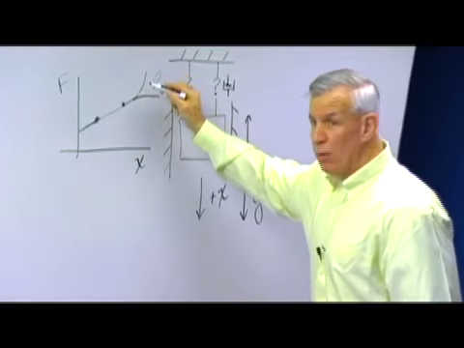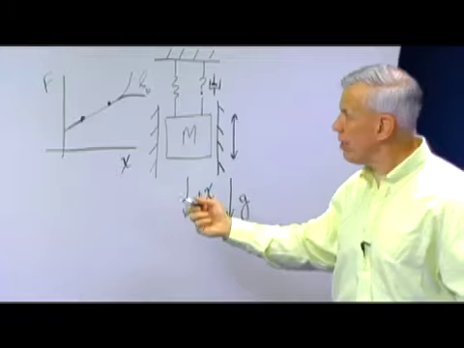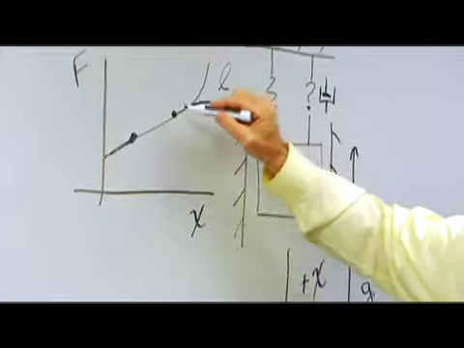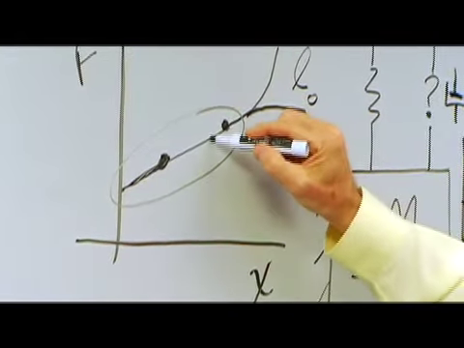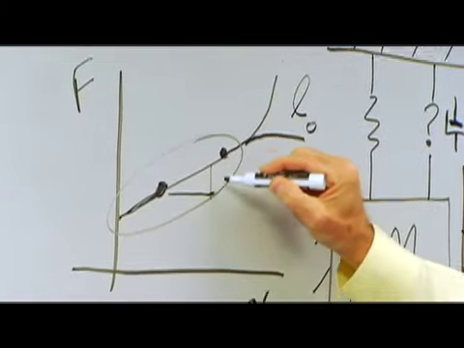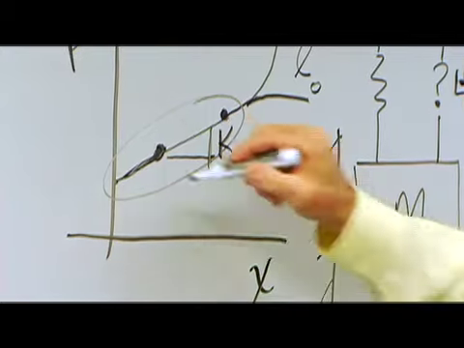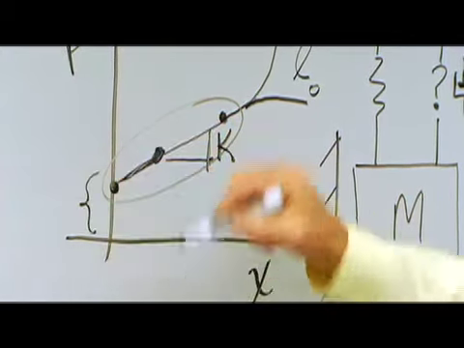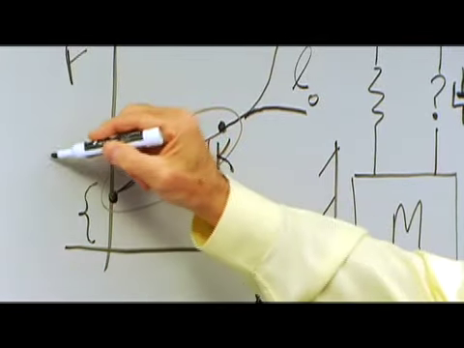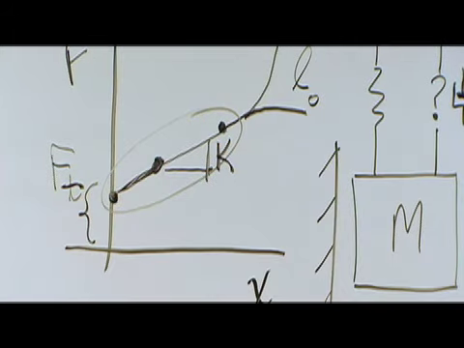In one case, the spring gets stiffer. In the other case, the spring gets softer. But I'm not interested in that motion. I'm interested in this range of motion. Now, the slope of this line we call K, the spring constant, and the intersection of this curve with the force axis we call F sub t, which is the pretension in my spring.